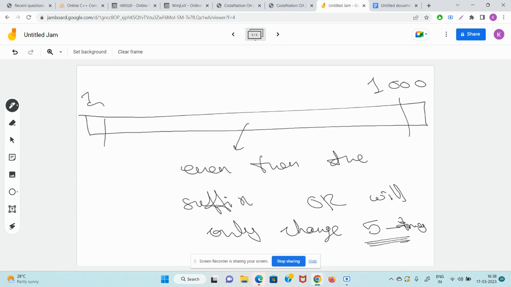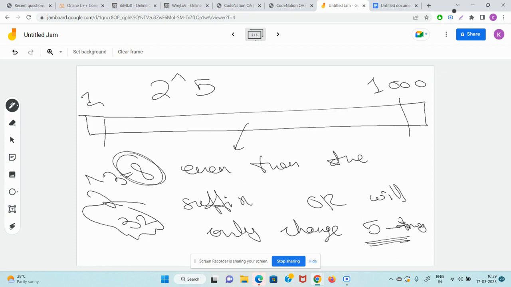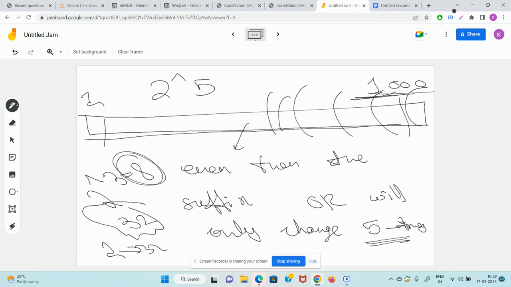Let's say all the numbers are less than 2 raised to 5. 2 raised to 3 is 8, and 2 raised to 4 is 16, then 32. Let's say we put all the numbers from 1 to 32 again and again in this array of size 1000. Then I start doing suffix OR. It will change for only 5 times.